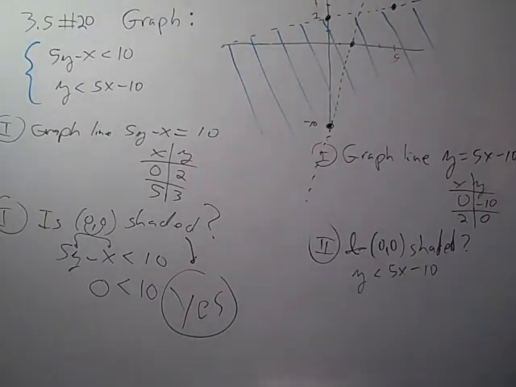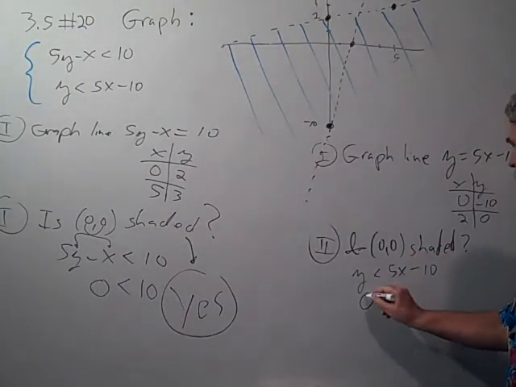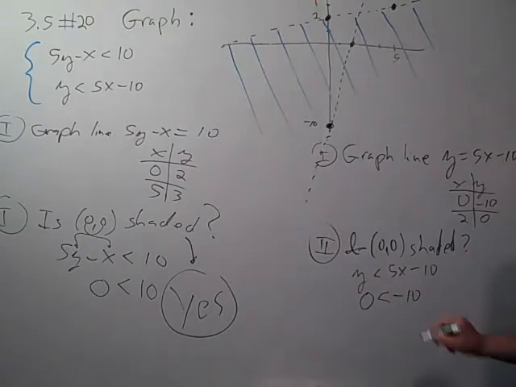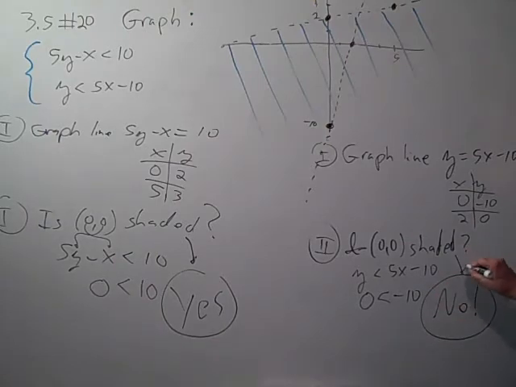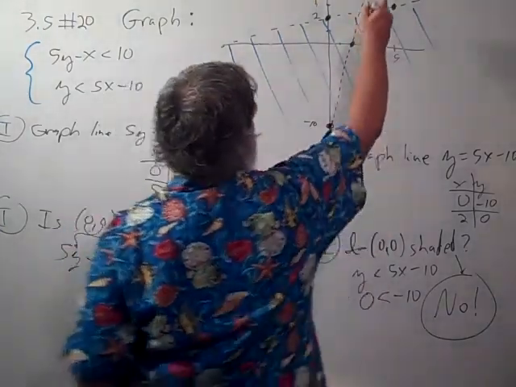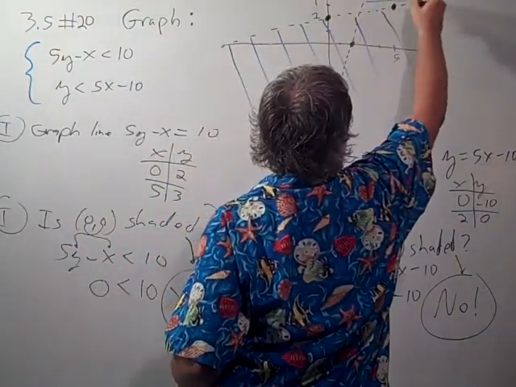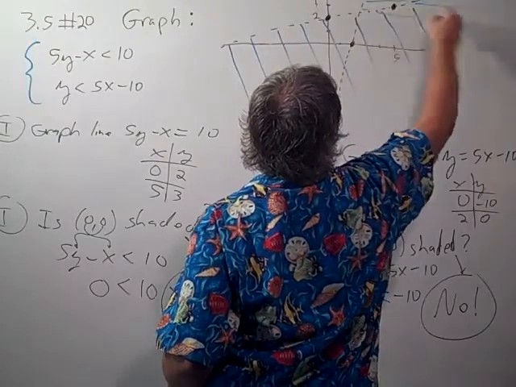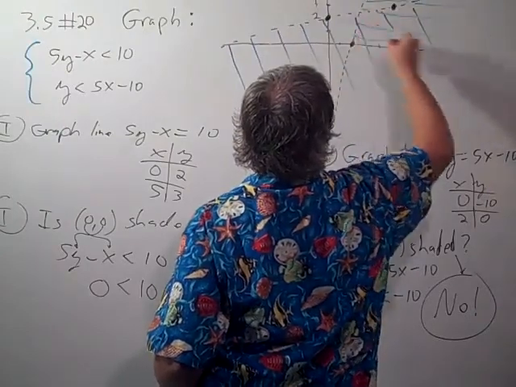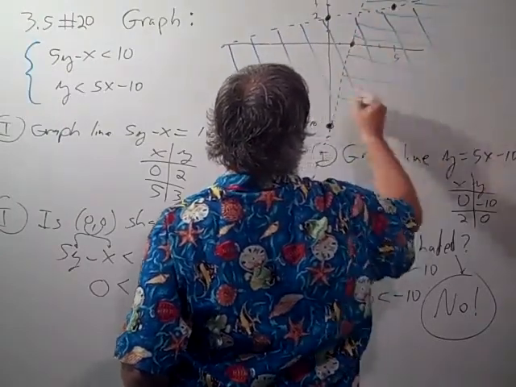So if we plug in x equals 0 and y equals 0 here, we have 0 is less than negative 10. 0 is bigger than negative 10. This is false. So the answer to this question is no. The origin is not on the shaded side of this line, so it's the opposite side. So to the right of this last line is the shaded region. The solution to the second linear inequality is everything over here.